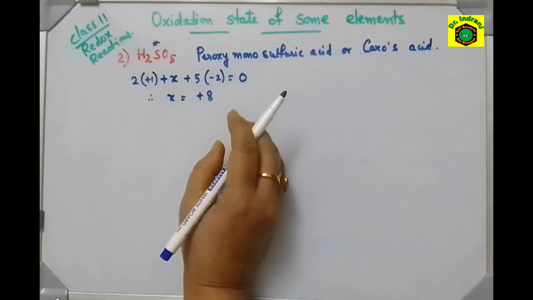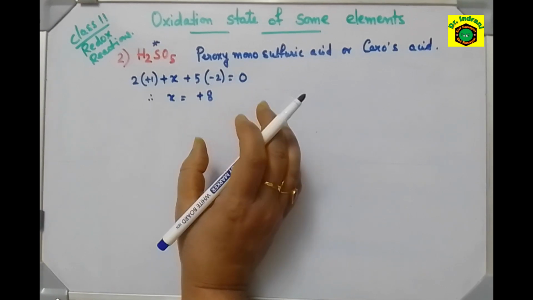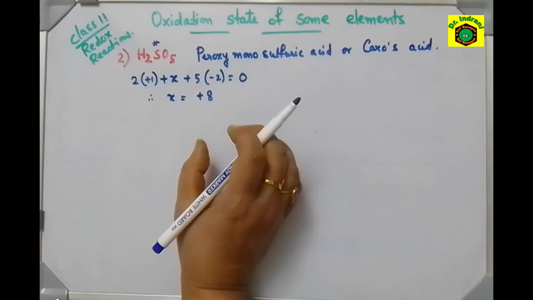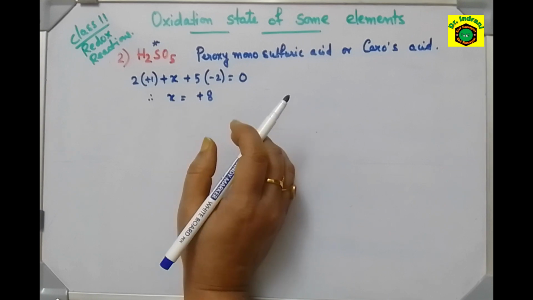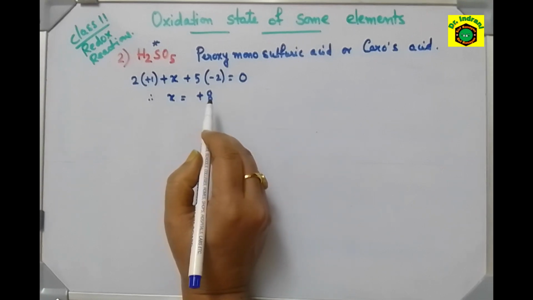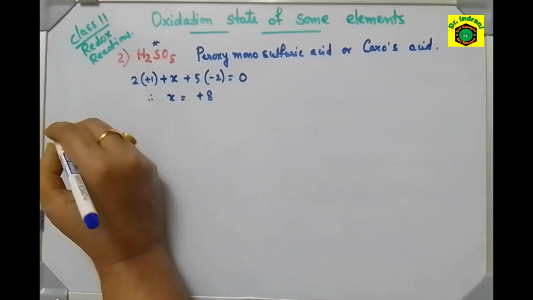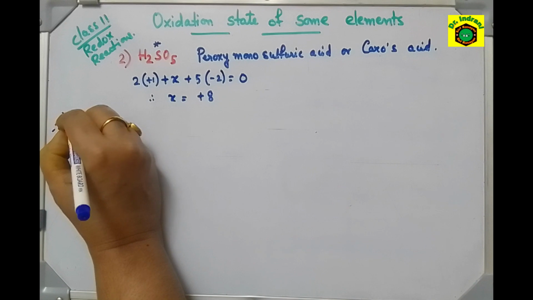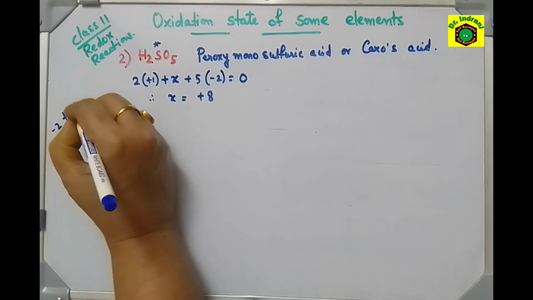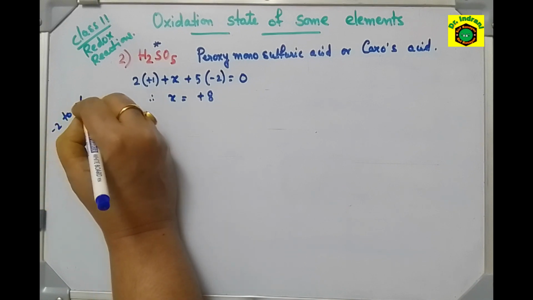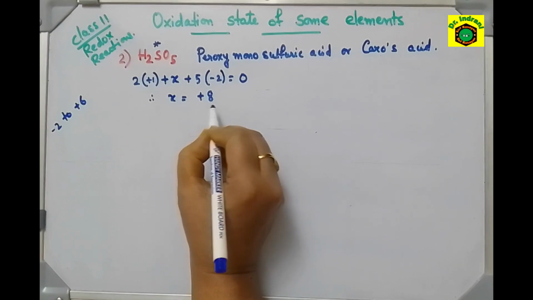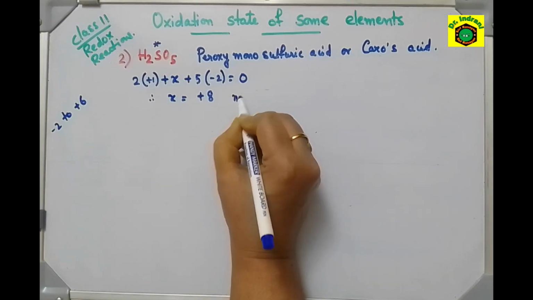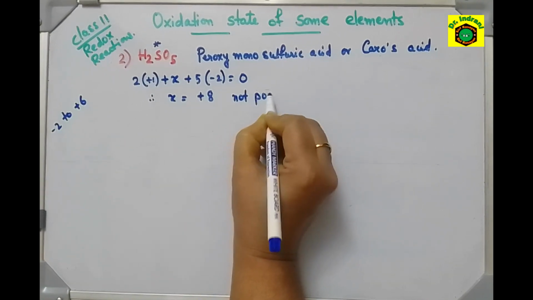As I told you, while determining oxidation state, always check that it satisfies the group valency of that element. Sulfur is in group 6B, so group 6B elements can have oxidation state values -2 to +6. But here it is coming +8. So this is not possible.